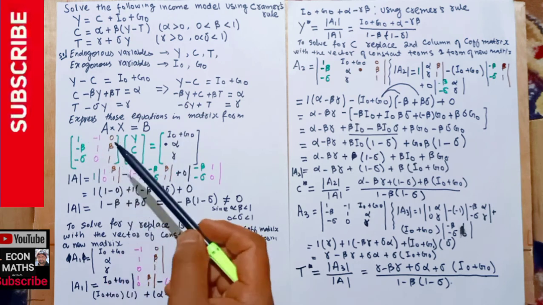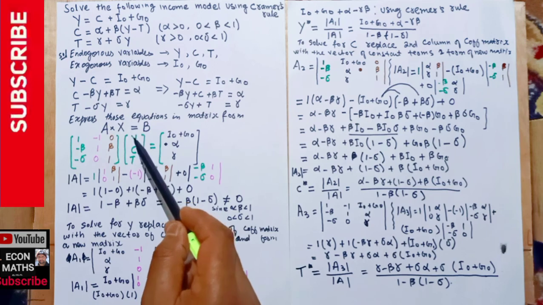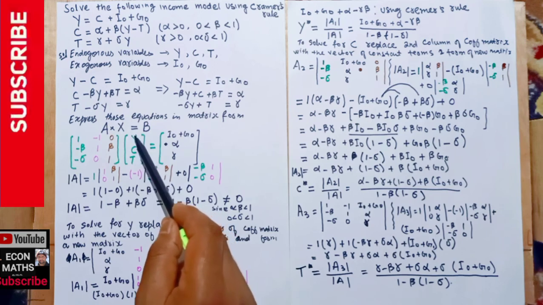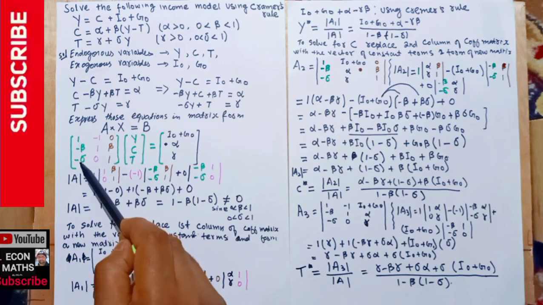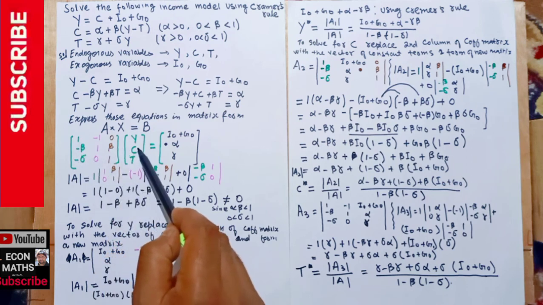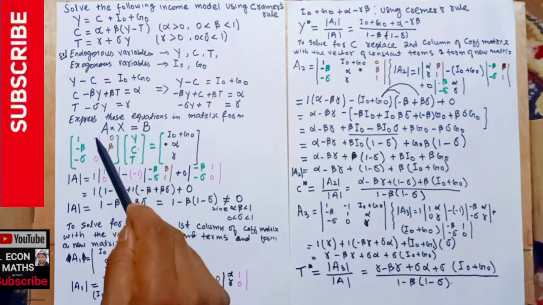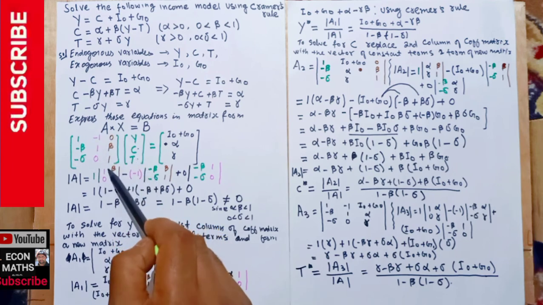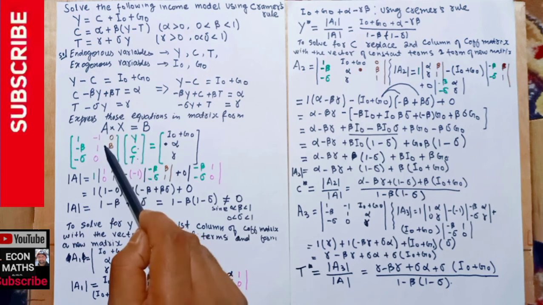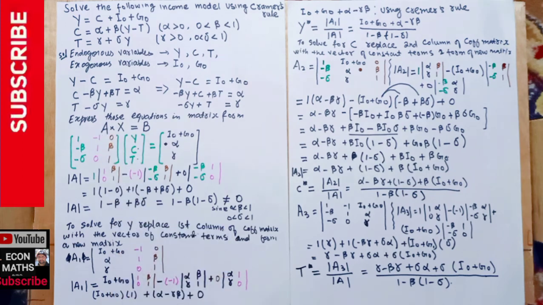I repeat: finding the value of the first element, we replace the first column. Finding the value of the second element, we replace the second column, and finding the value of the third element, we replace the third column. So this was all about this matrix.